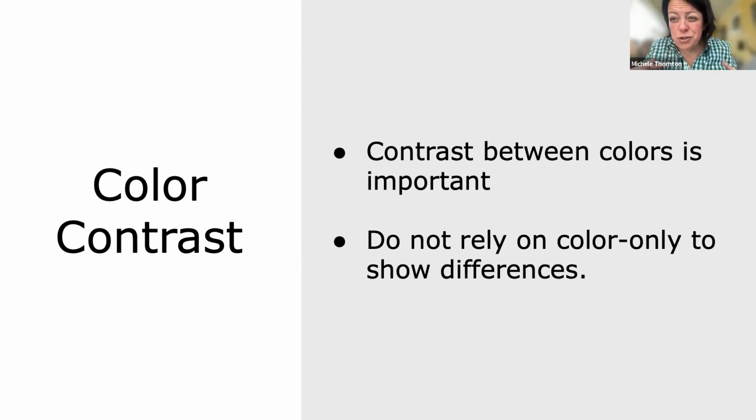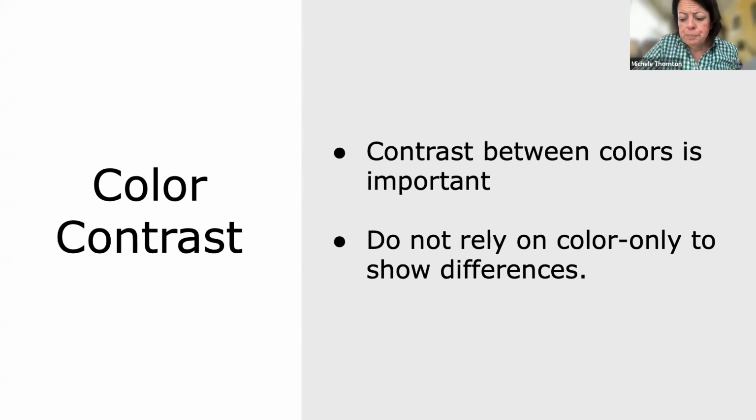So for example, if you're trying to highlight a word or the name of a textbook or a concept, you don't want to solely change the color of that to red, for example, because we know that we have some students that are not able to see reds and greens. So that wouldn't call out to them in any way.